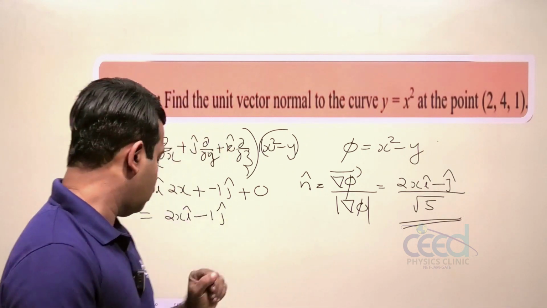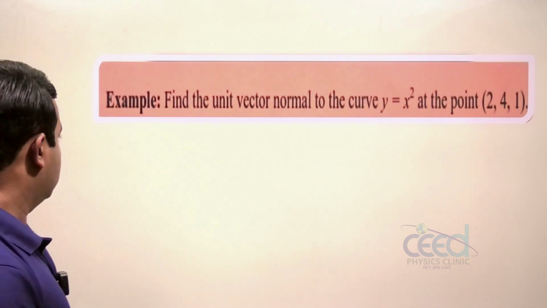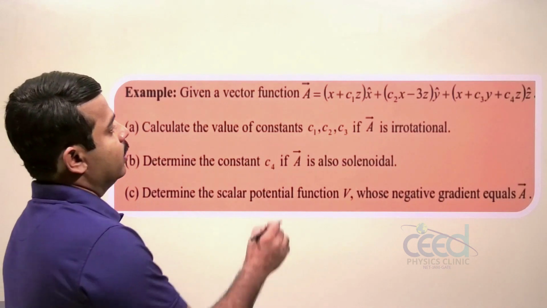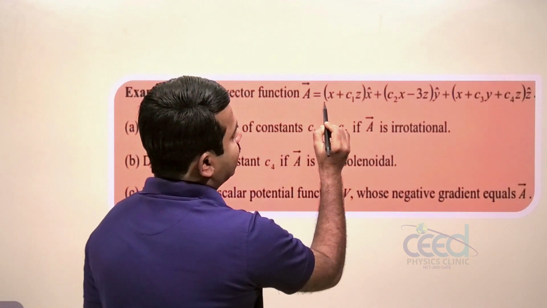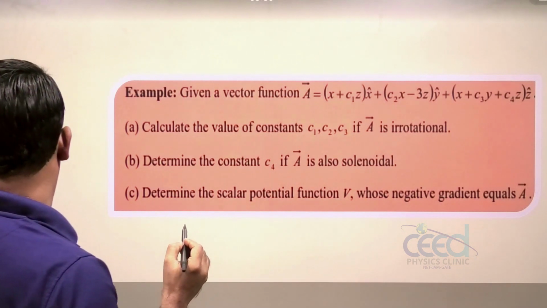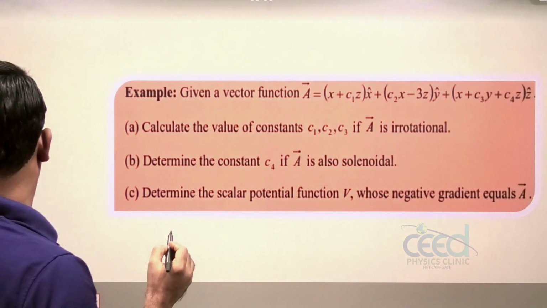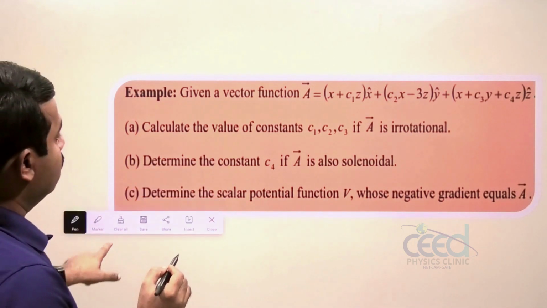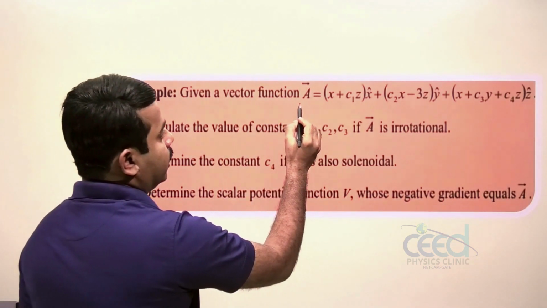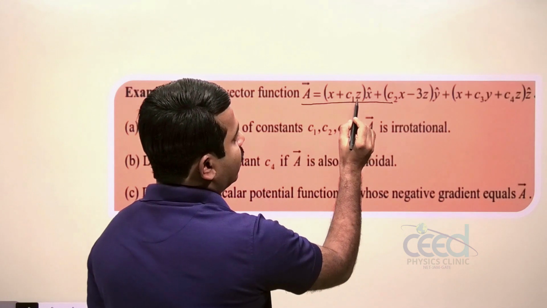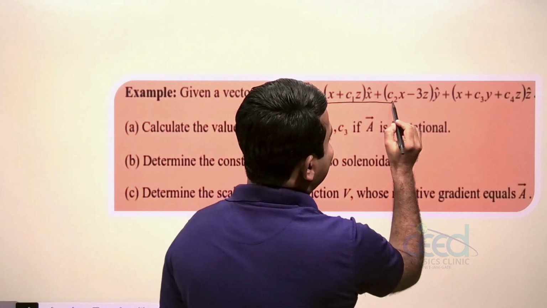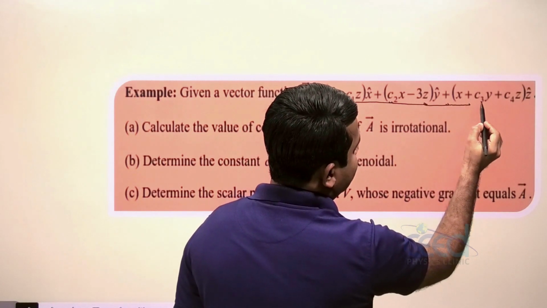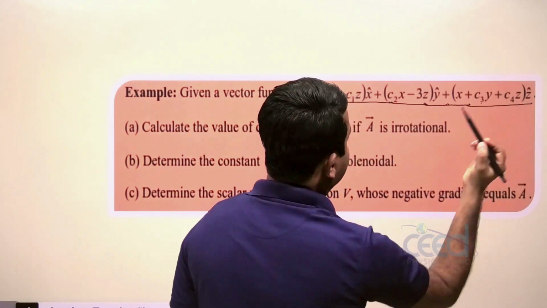Now let us go to another problem. Given a vector A equal to x plus c1 z x cap plus c2 x minus 3z y cap plus x plus c3 y plus c4 z z cap.